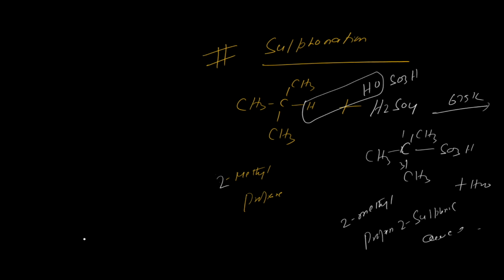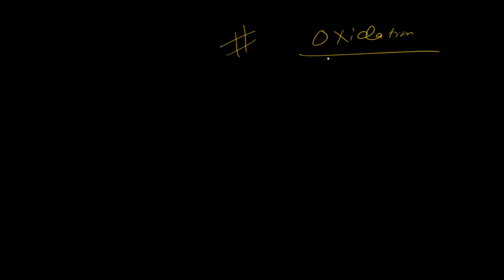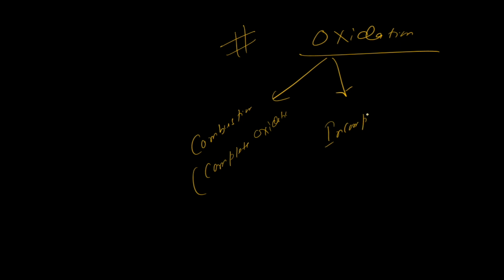Now the next reaction we have is known as oxidation. Oxidation is also of different types. How many different types of oxidation? One is complete oxidation, that's the combustion. The other one is known as incomplete oxidation.